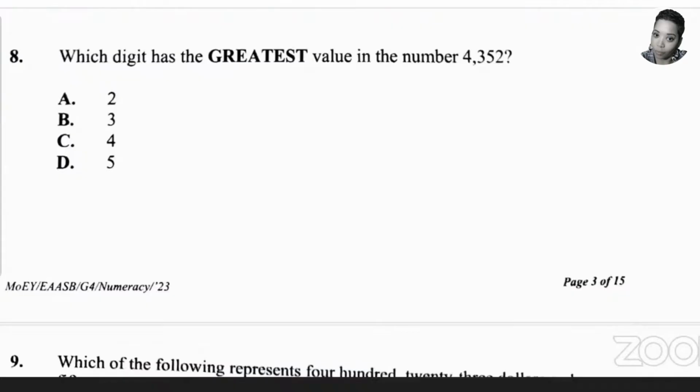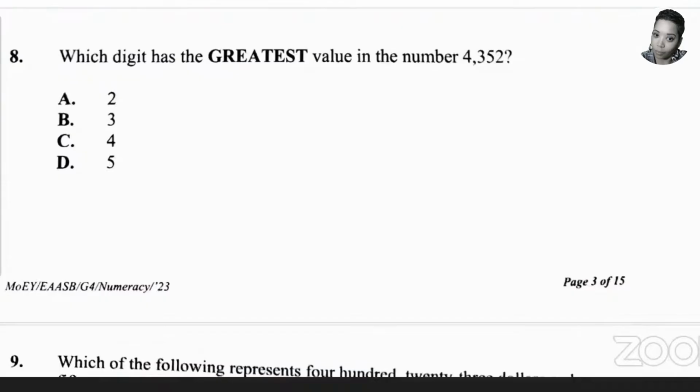All right, so question 8 says, which digit has the greatest value in the number 4,352? Okay, so which digit has the greatest value in the number? So we are pretty much looking at the place value, right?